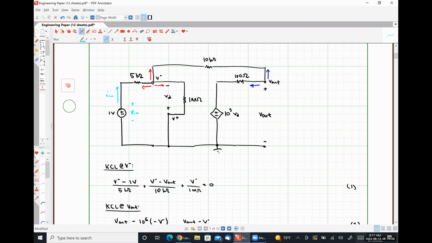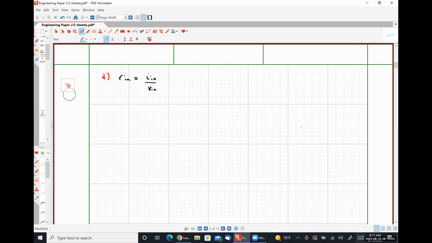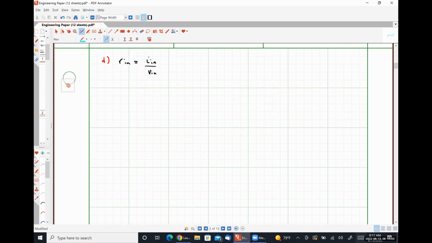So just using Ohm's law, I can say that my current IN is simply 1 volt minus V minus divided by 5 kilo ohms, since I know what the voltage at my inverting input terminal is. Oops, and I made a mistake here, sorry. It should be the ratio of VN over IN, not the other way around.